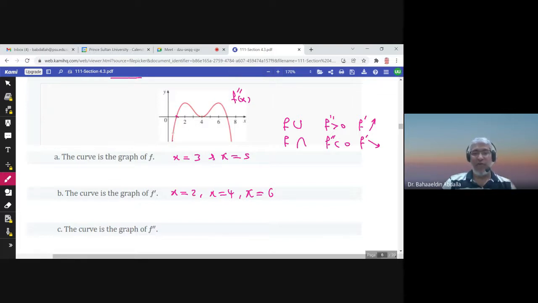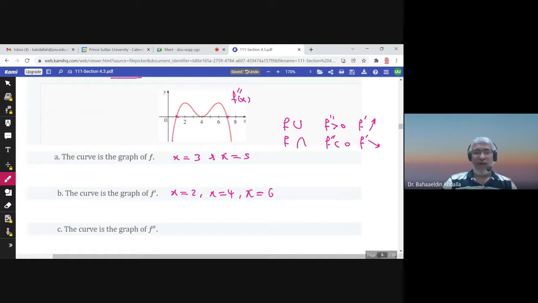So if this is the graph of f double prime, up to here, from here to here, f double prime is negative, and then f double prime becomes positive up to here. Here it is 0. It continues positive, so there is no change here in the sign of f double prime because it's still positive up to here, and here f double prime becomes negative again.